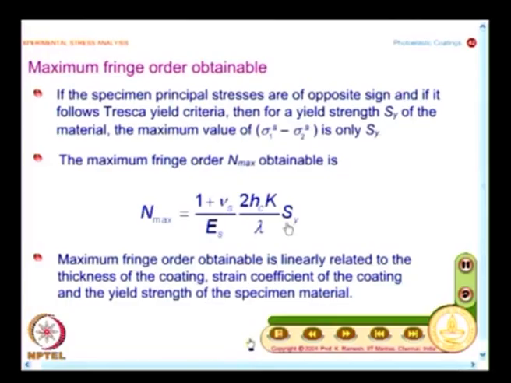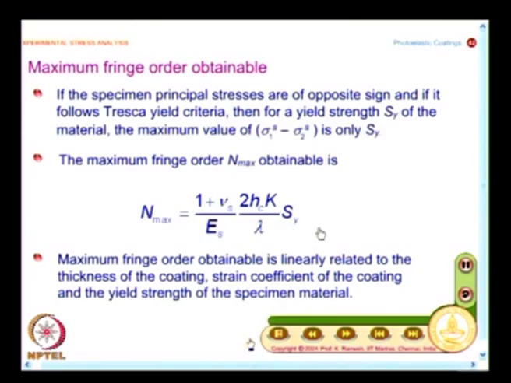So, I have this expression: n max equals (1 plus nu s) divided by E s, into 2 h c into K, that is the strain coefficient of the coating material, and you have the wavelength dependence, and you have Sy as the yield strength of the specimen material.